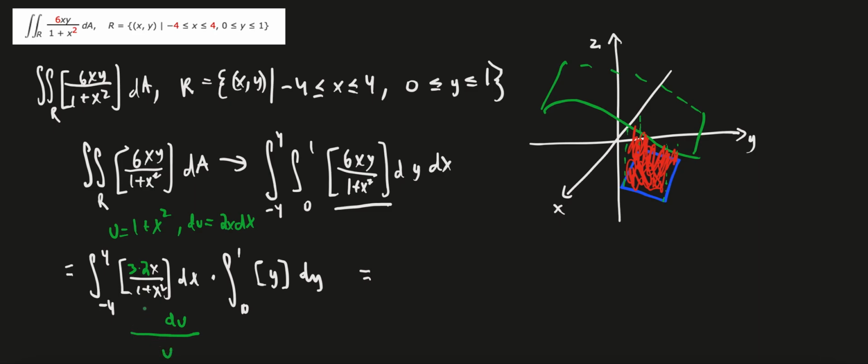And we still have our 3. That's not disappearing. And then this is going from not -4 to 4 anymore, but 1 plus -4 squared, which is 1 plus 16, 17. Same thing here actually. 1 plus 4 squared is 16, 16 plus 1 is 17.